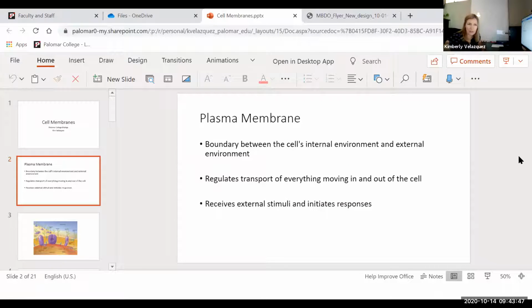Of course, all transport across the cell membrane is really divided into two major categories. We have what's called passive transport, which doesn't require any energy. And when we say no energy required, we mean no ATP required. So remember, ATP is the energy source for the cell. So anytime we say energy required, we mean ATP.